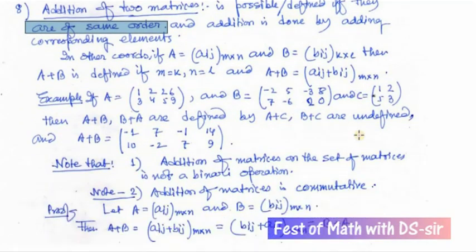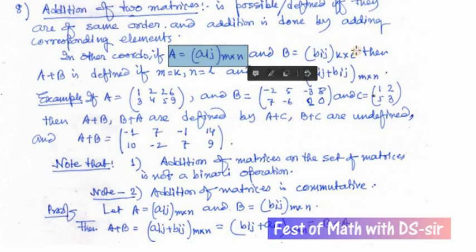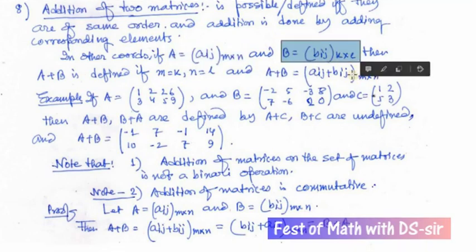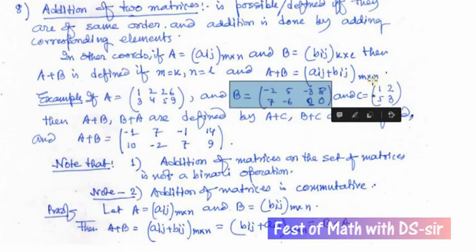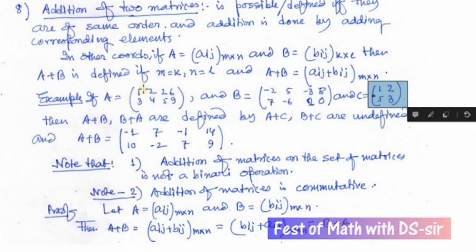Look at the example. A is equal to [aij] m by n, B is equal to [bij] k by l. Then A plus B is defined when m is equal to k and n is equal to l, and A plus B is [aij plus bij] m by n. For example, look, this is A, this is B and this is C. A has order 2 by 4, B is 2 by 4 but C is 2 by 2.